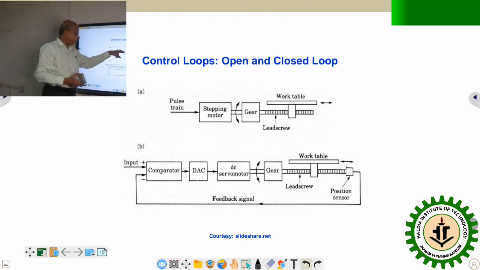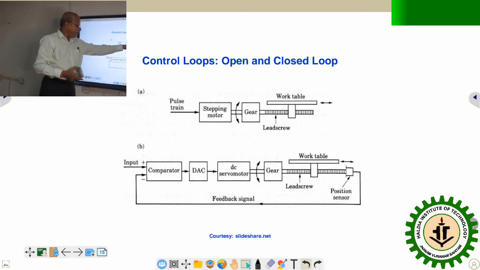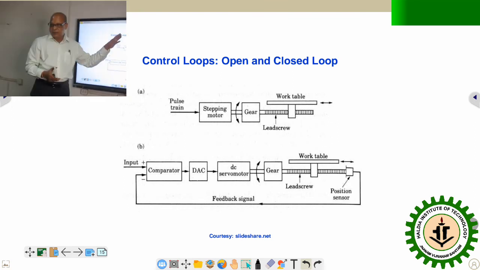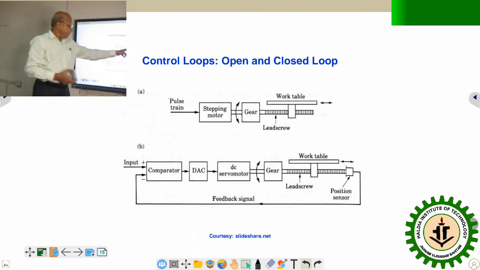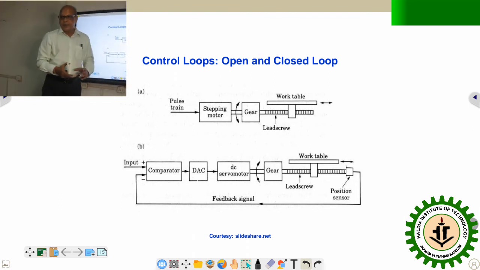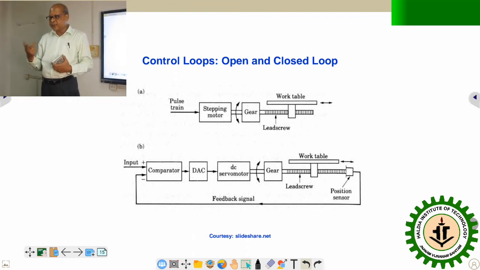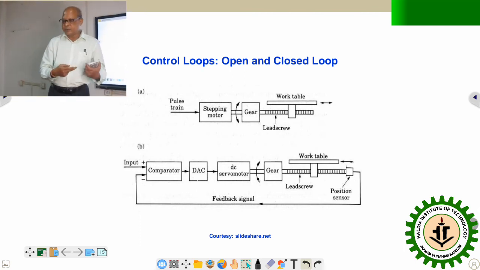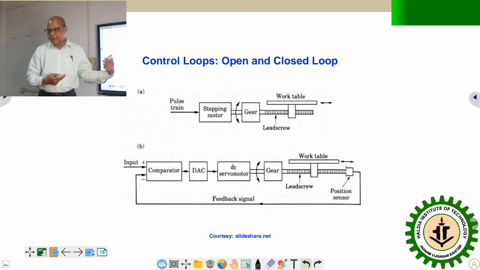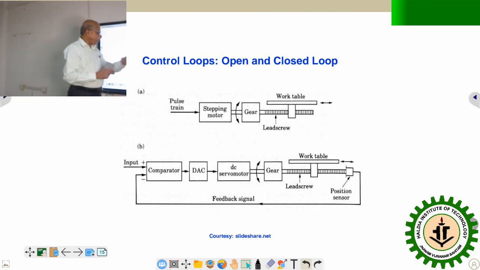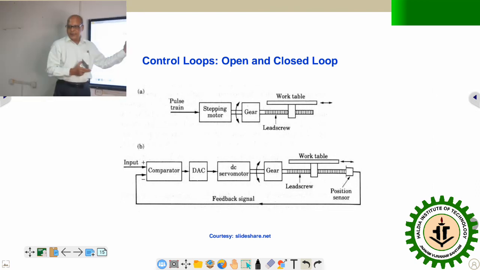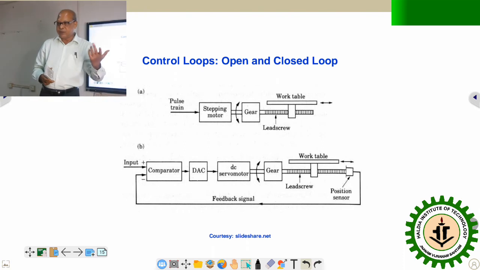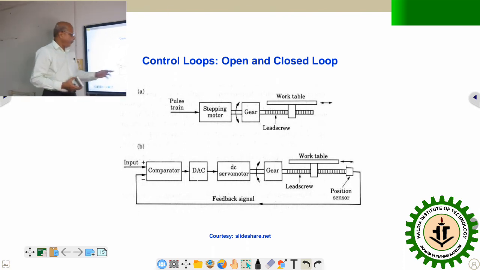If the motor is rotating at 900 rpm, and there is a speed reduction gear of 3, then the connected lead screw will be rotating at 900 by 3, that means 300 rpm. So speed is reduced from 900 to 300 by incorporating a gear train having reduction step or gear ratio 3. If it is 4, then it will be different.